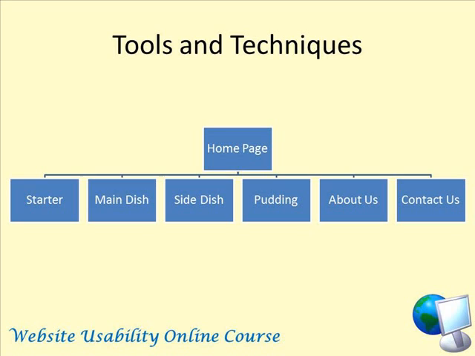As this example is on the recipe website, we've grouped our content into type of dish, starter, main course, side dish, pudding and so on. And we've also added sections to enable viewers to find out more about us and contact us. Remember, your decisions on how to structure your website must relate to the needs of the different website customers you identified last week.